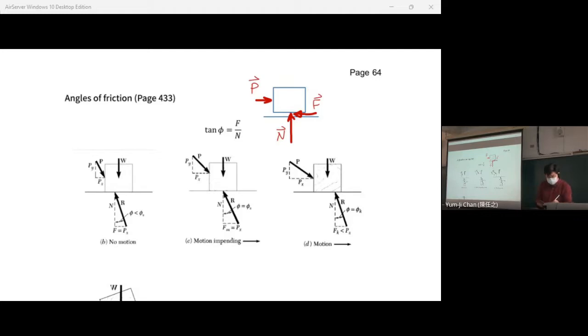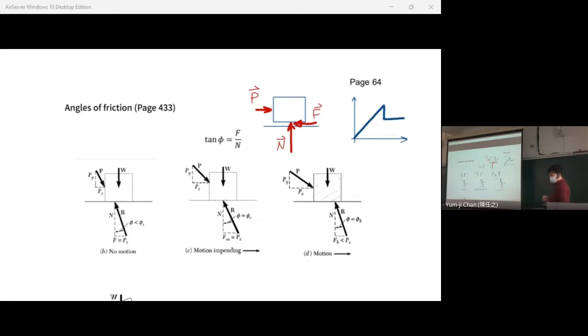Now, we know our curve, right? We know this curve. After we have this, do you remember what's the quantity here?